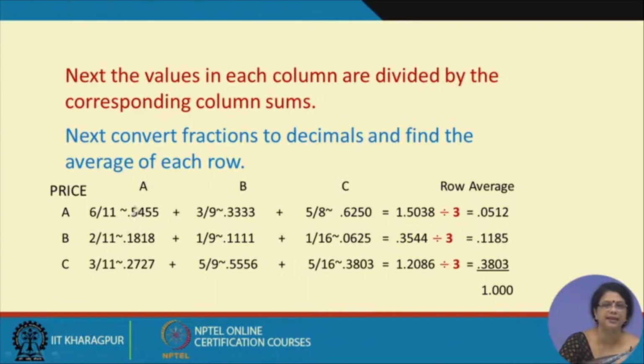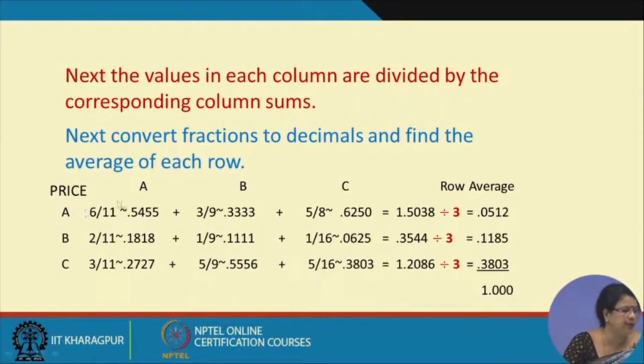You can make it decimal, because we are doing some kind of normalization. That is why we are calculating the priority vector from 0 to 1. Individual elements are coming within 0 to 1. Though we had 9, 7, 5, we are bringing all of them together within 0 to 1. This is a kind of normalization we are doing.